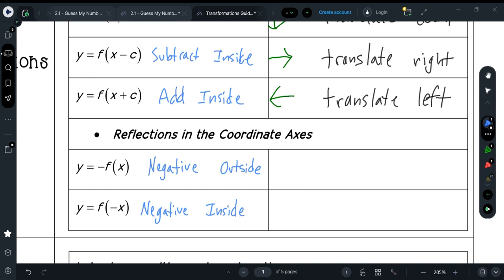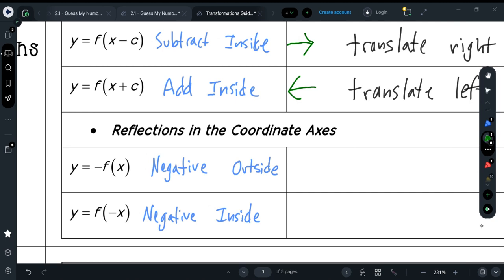The graph can be flipped from top to bottom. We're going to write it 2 different ways. We're going to say here flip top to bottom.